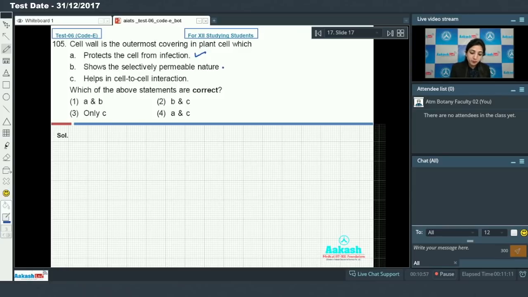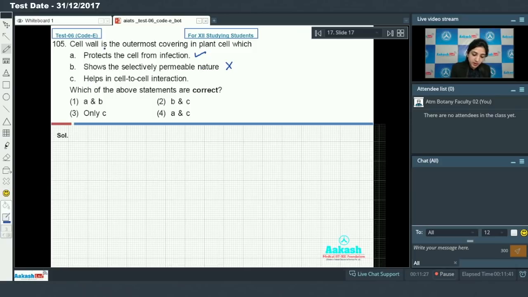So this is true. Cell wall shows the selectively permeable nature. No. Cell wall is completely permeable to macromolecules, and it does not stop the undesirable macromolecules. Otherwise, ordinary macromolecules it allows to pass through. So it is completely permeable.